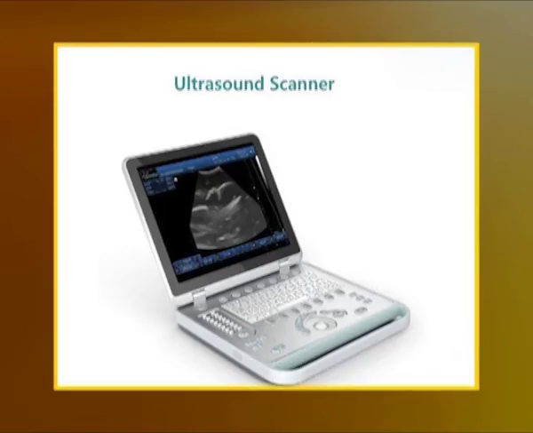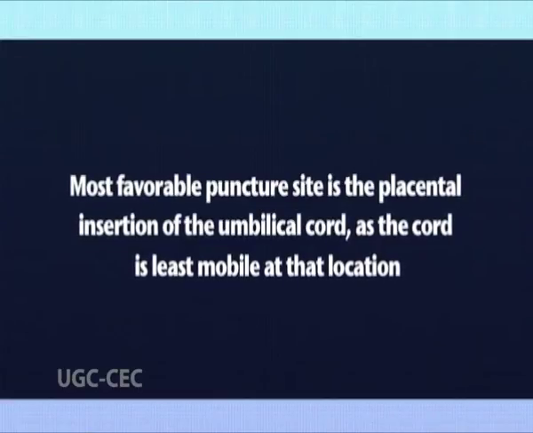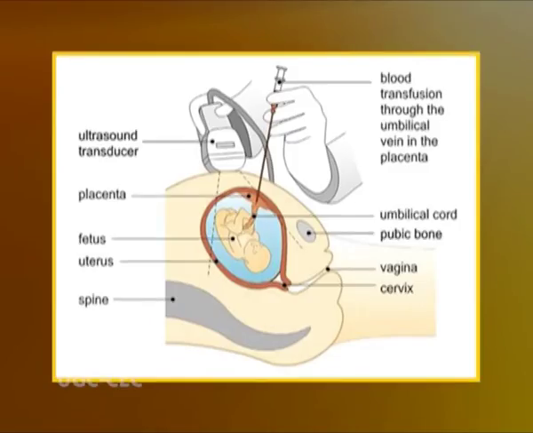It requires a high-resolution ultrasound scanner, an experienced team, and a laboratory specializing in fetal blood analysis. The most favorable puncture site is the placental insertion of the umbilical cord, as the cord is least mobile at that location. Blood is drawn from the umbilical vein with a 1 ml syringe.